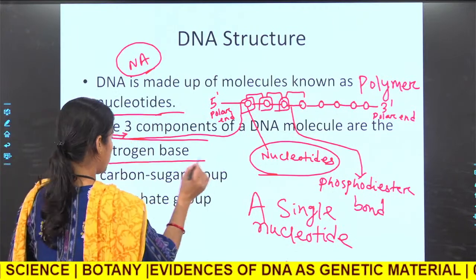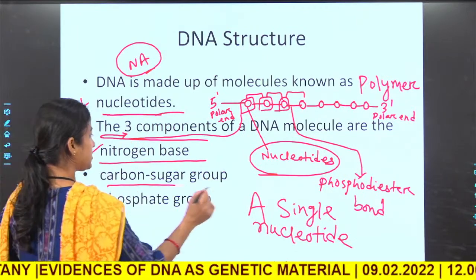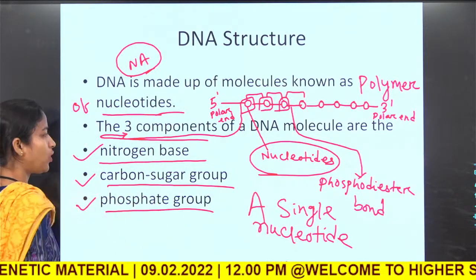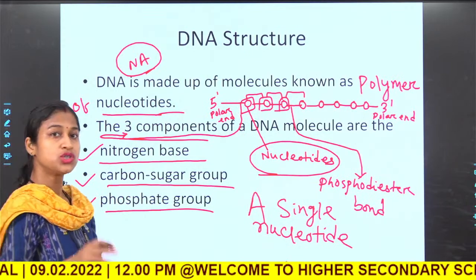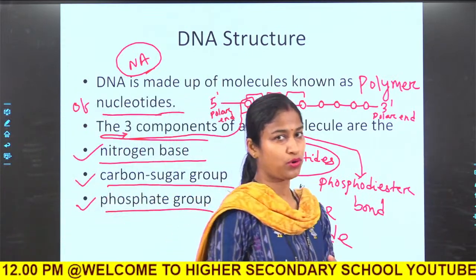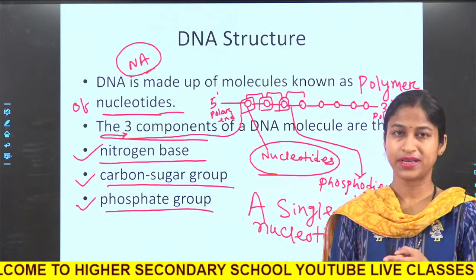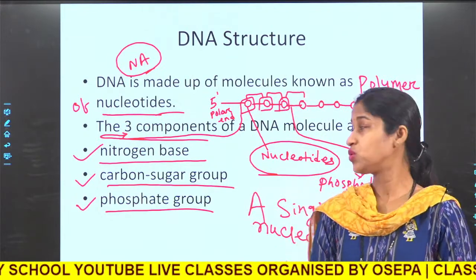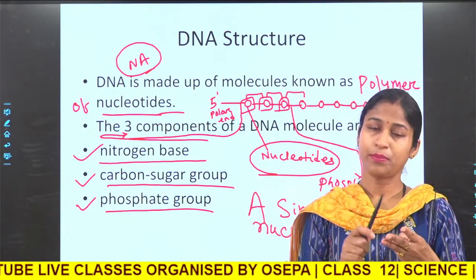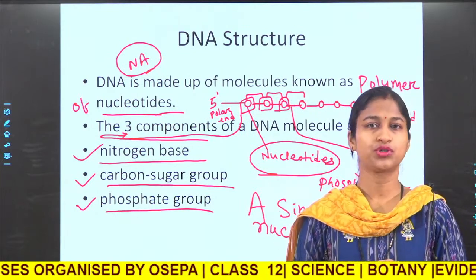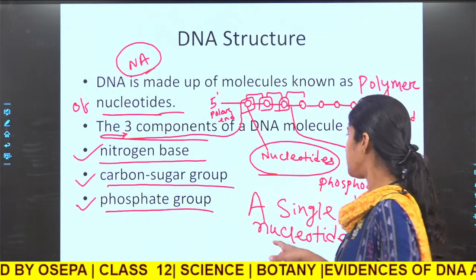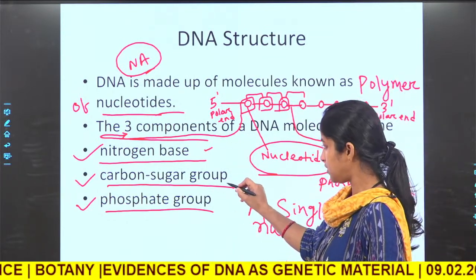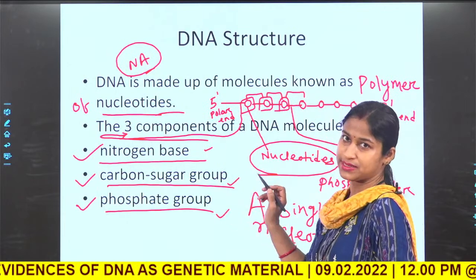One is a nitrogenous base, the other is a pentose sugar, or five-carbon sugar, and the third is a phosphate group, or phosphoric acid. So what are the 3 components of a nucleotide? A nitrogenous base, a pentose sugar, and phosphoric acid. Let's have a look at the nitrogenous base part, the pentose sugar part and the phosphoric acid.